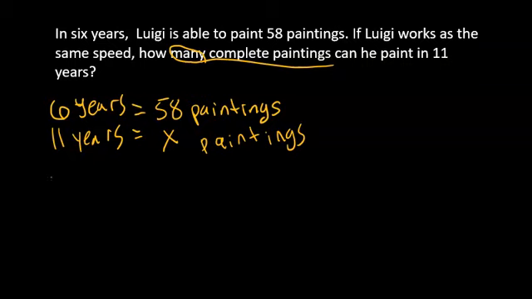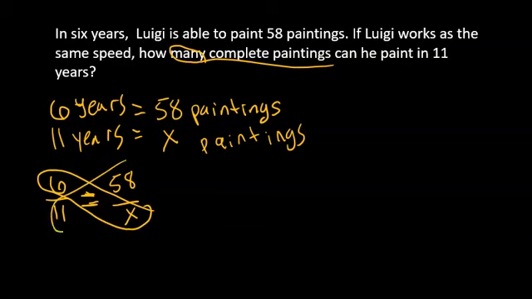We stack up years, so I'm going to do 6 over 11. That's my ratio, right? Equals 58 over x. That is my second ratio, and the equal sign in the middle is my proportion, right? So when I have two ratios and a proportion, I cross multiply right here.